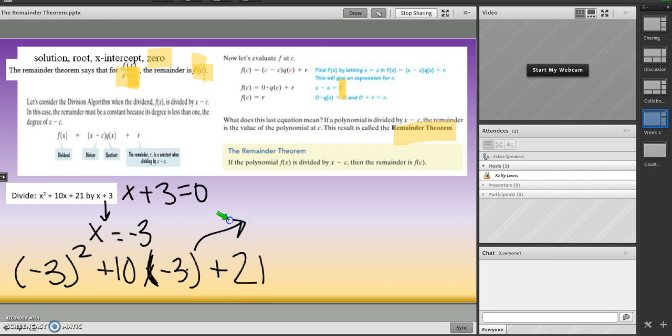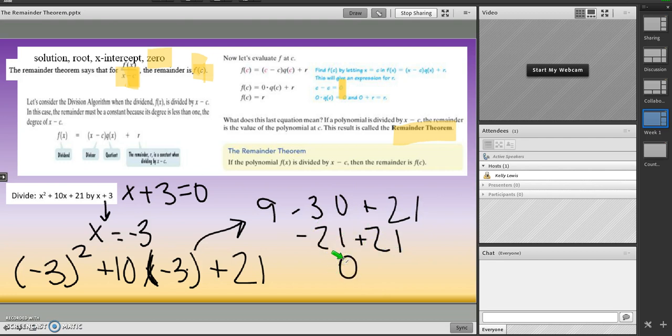You can literally type that in your calculator as is with the parentheses and all, or you can do it by hand. So -3 squared is 9. 10 times -3 is -30, and then 21. So 9 minus 30 is -21, plus 21. We get 0. So since we get 0, this is a factor.